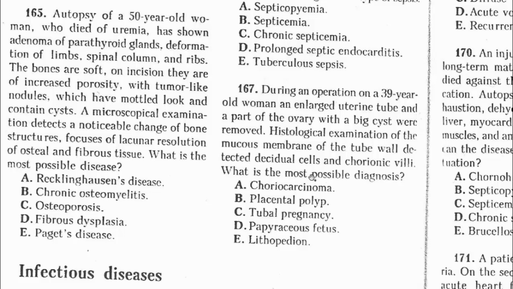Now, the presence of decidual cells and chorionic villi indicates the presence of what? Pregnancy. And since this pregnancy is taking place in the uterine tube other than the uterus, we call it tubal pregnancy. So your answer is C.